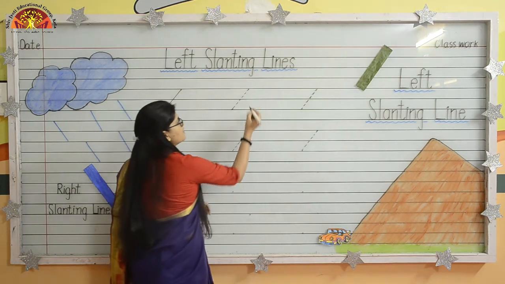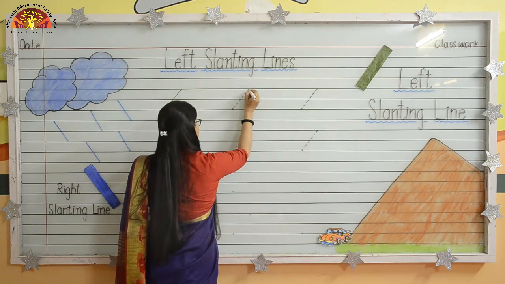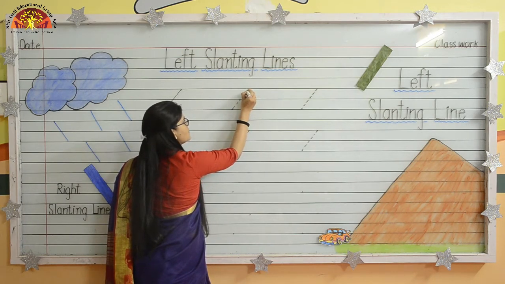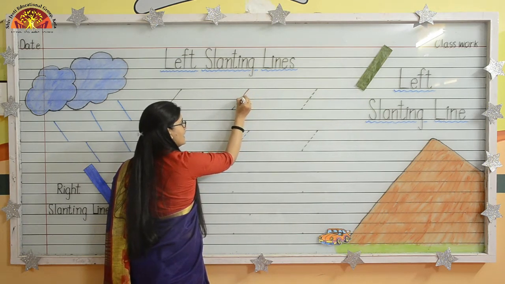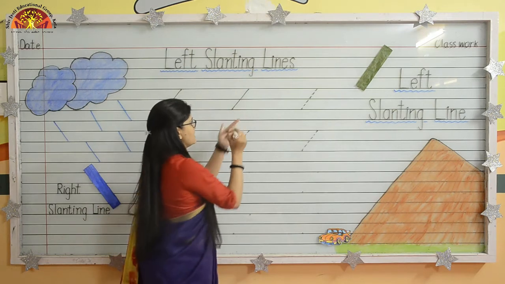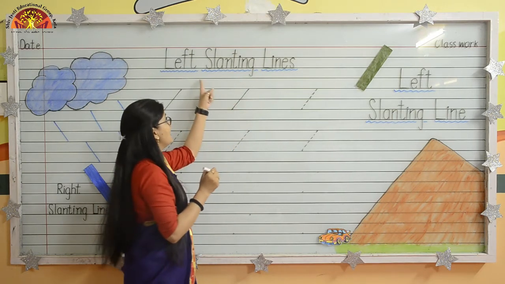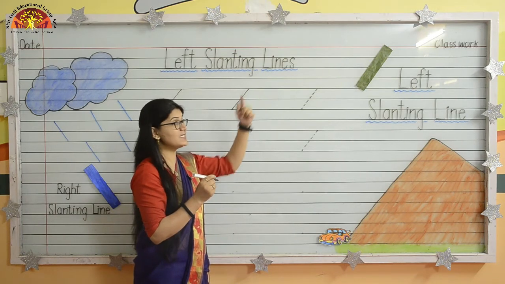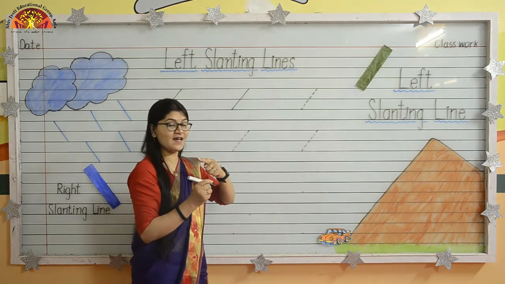Put your crayon here and draw a slant line towards left hand side like this. So what is this? This is left slanting line.